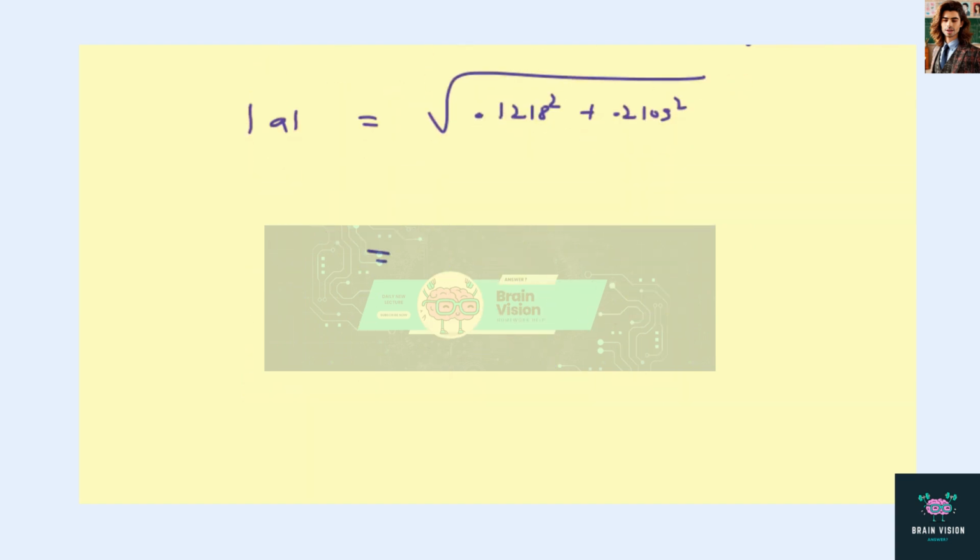So this value will be equal to 0.2435 meter per second square as the final answer.